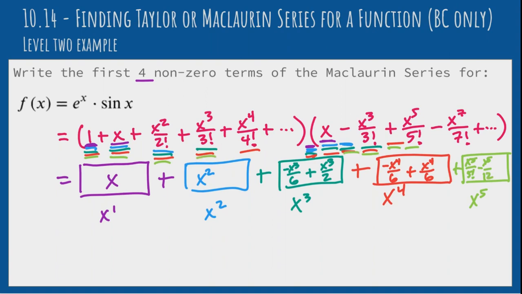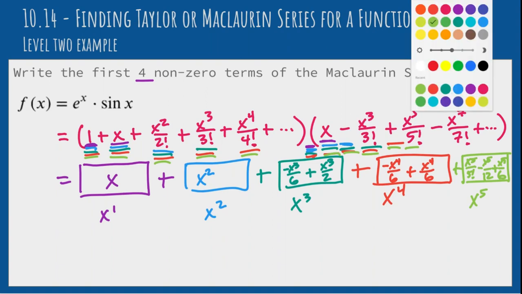Then we could do x cubed times x squared, nothing there. x to the 4th times x. So x to the 4th times x is going to give us x to the 5th over 3 factorial. And that 5 factorial in there, 5 times 4 times 3 times 2 is 120. That's going to be a fun one to simplify.